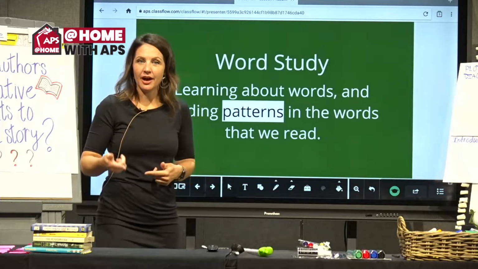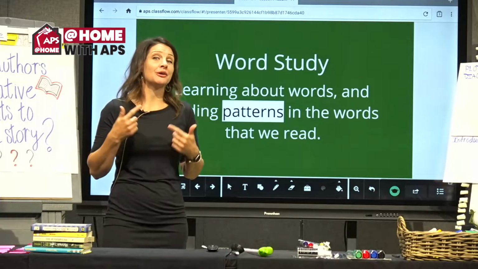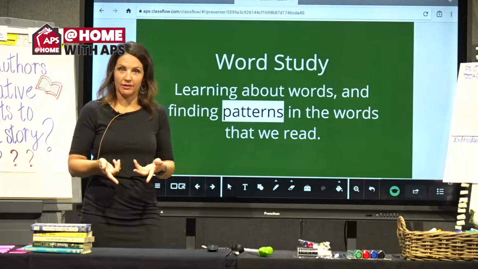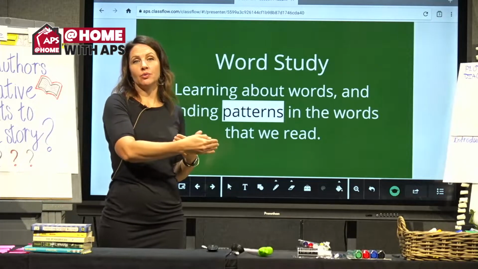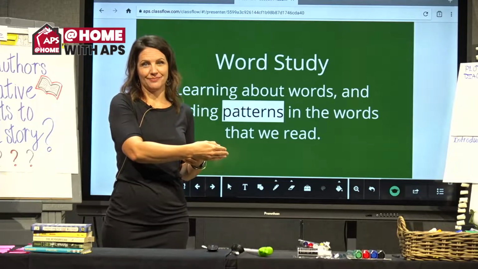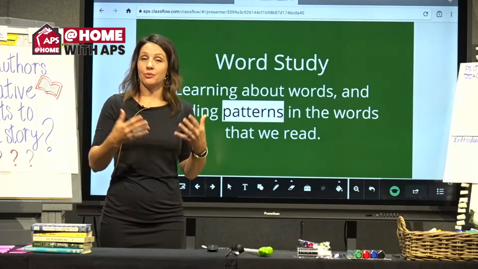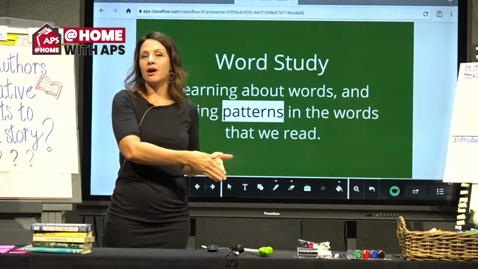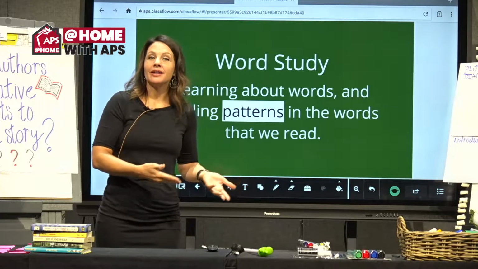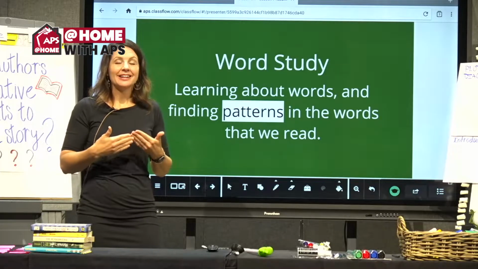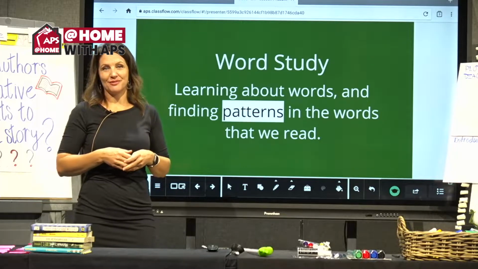If you're studying other languages, you'll notice there are patterns in those words as well. Patterns help us when we have to spell a word we are unfamiliar with. So it's good to study words that we know so that we can spell words that we don't know. And it's not just about spelling, it's about reading, and it's about learning new words as well.